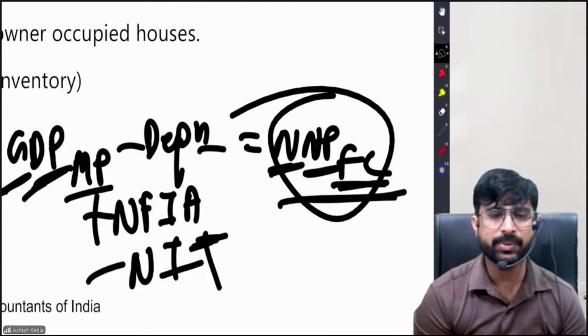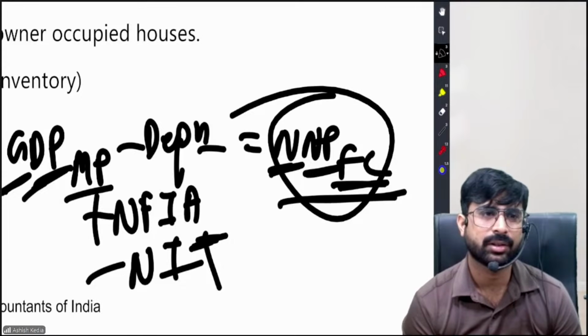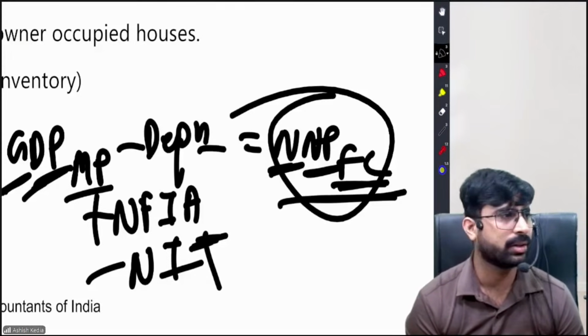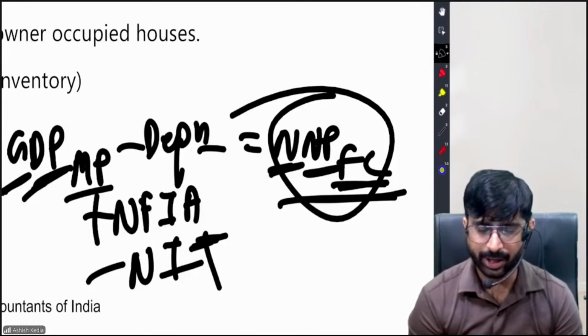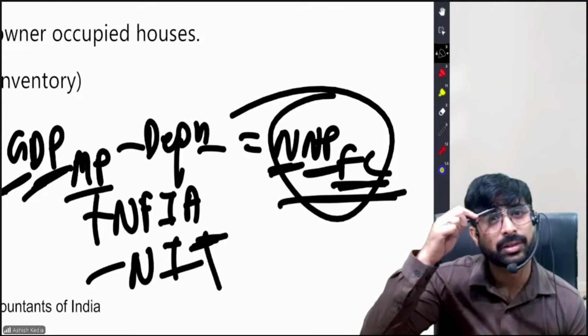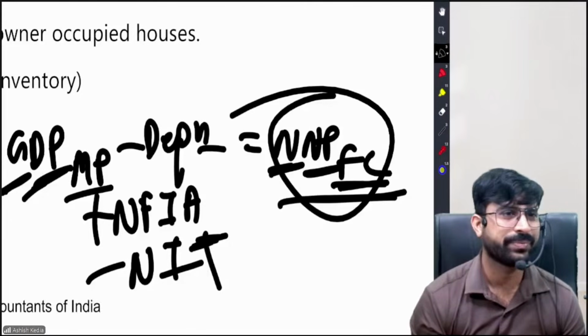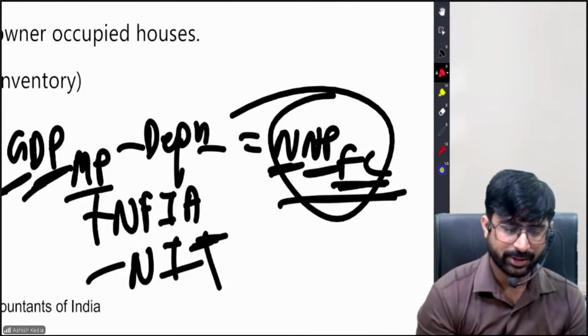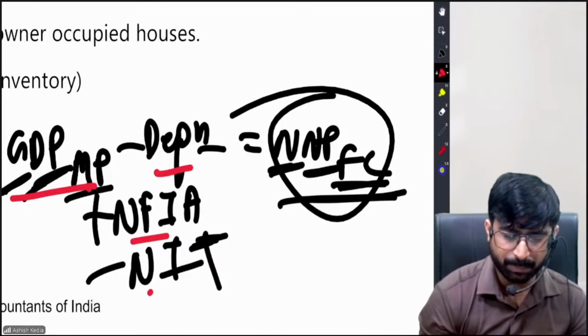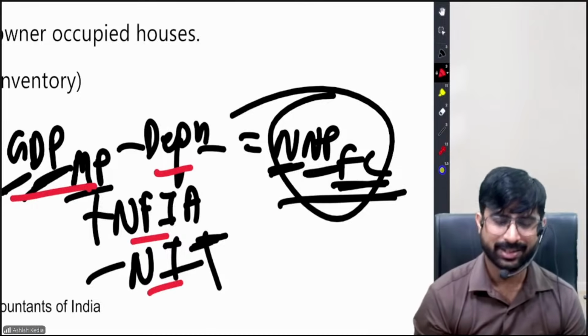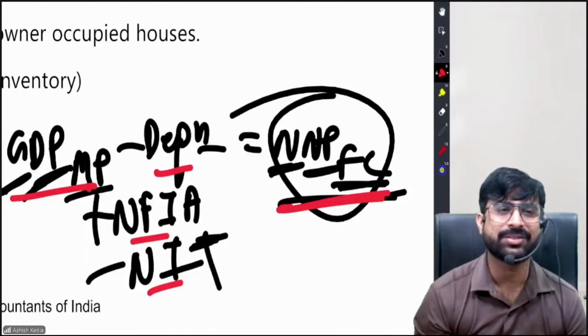You arrive at NNP at FC. The sum is done. You arrive at GDP at MP minus depreciation plus NFIA minus NIT, and you arrive at NNP at FC.